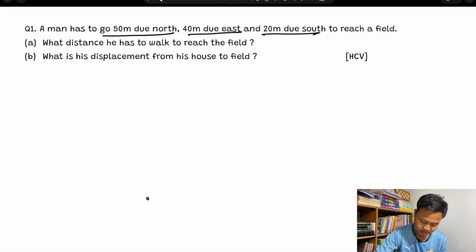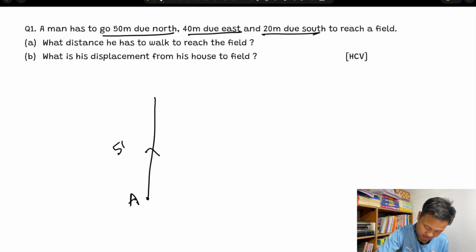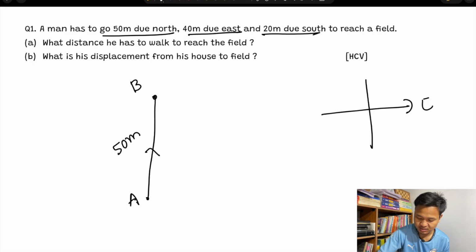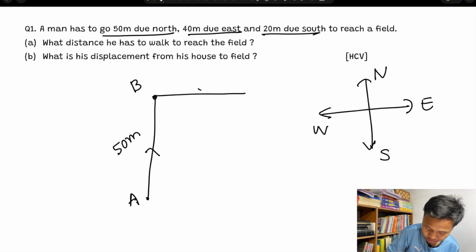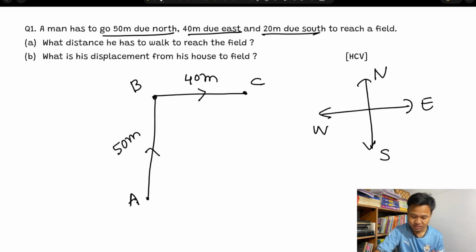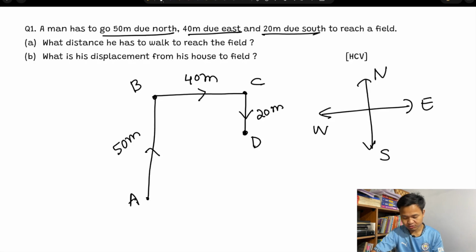Let's say I start from A. I go 50 meters north to point B. Then 40 meter due east, so from B to C I go towards east 40 meter to point C. Then 20 meter due south, so let's say I go to point D.